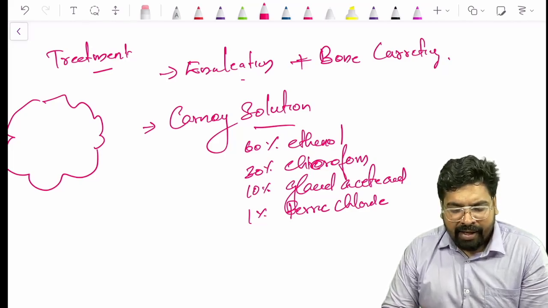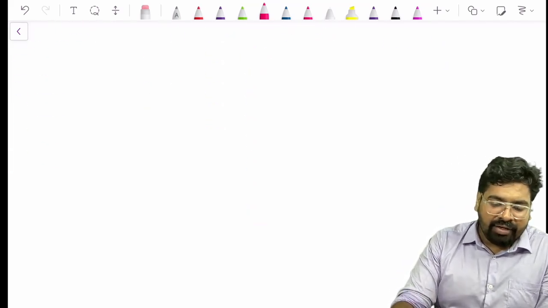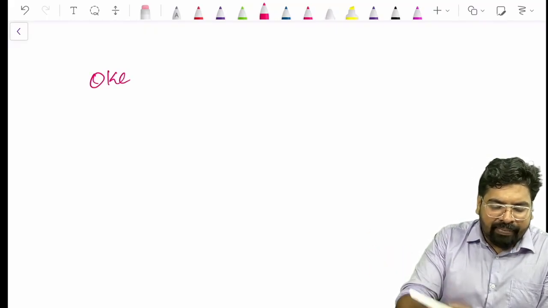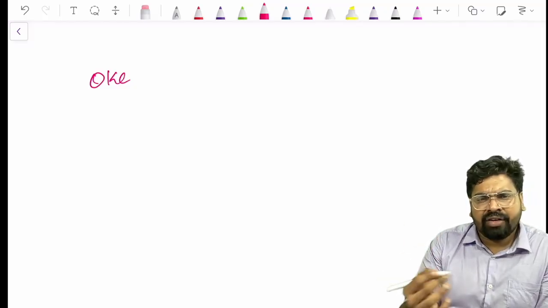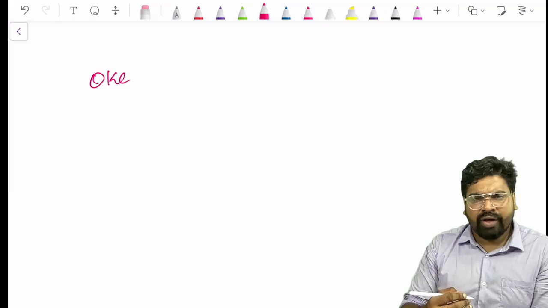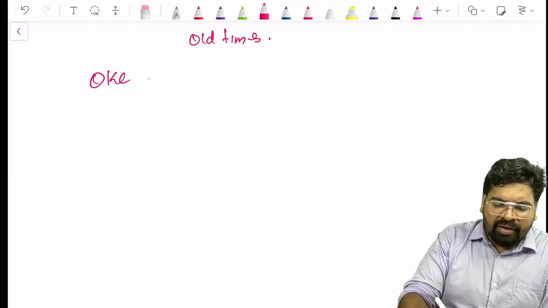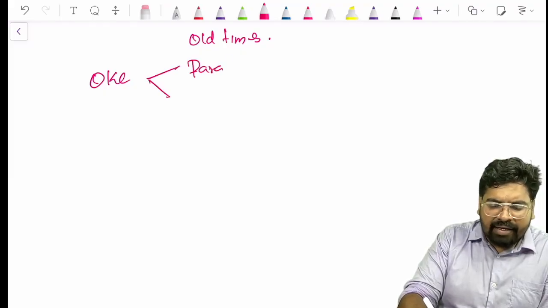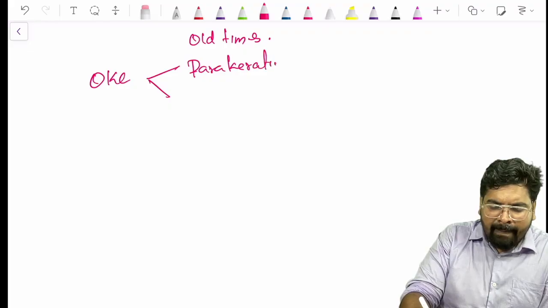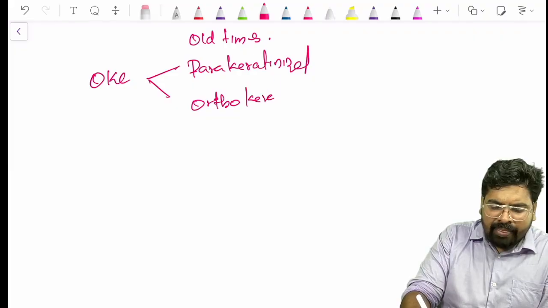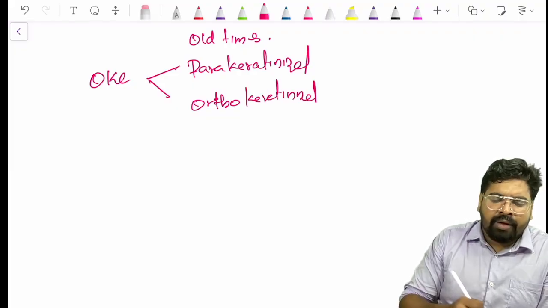And there are certain questions which they have asked. In older times, OKC was considered as para-keratinized and orthokeratinized. In old times, OKC was divided into para-keratinized and orthokeratinized, ortho and para.